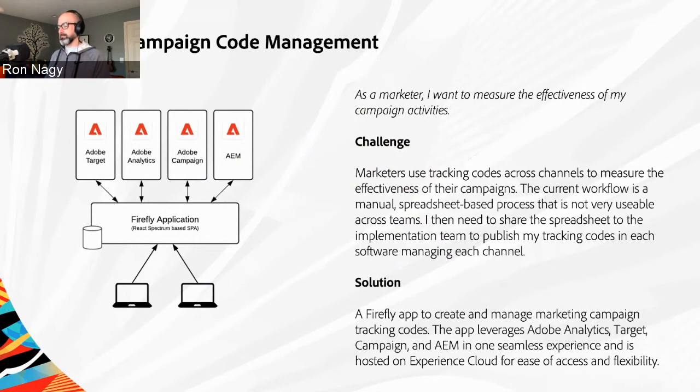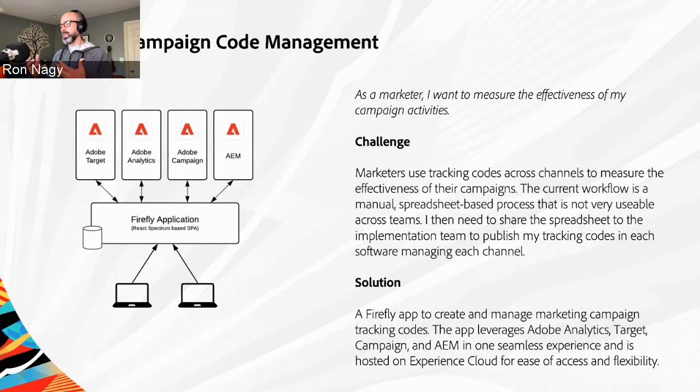And Adobe Campaign and other competitor solutions do not provide out of the box a way for enterprises to manage those tracking codes. In general, people use spreadsheets, and it's a brute force manual process of managing these codes, and they all have to be unique, right?